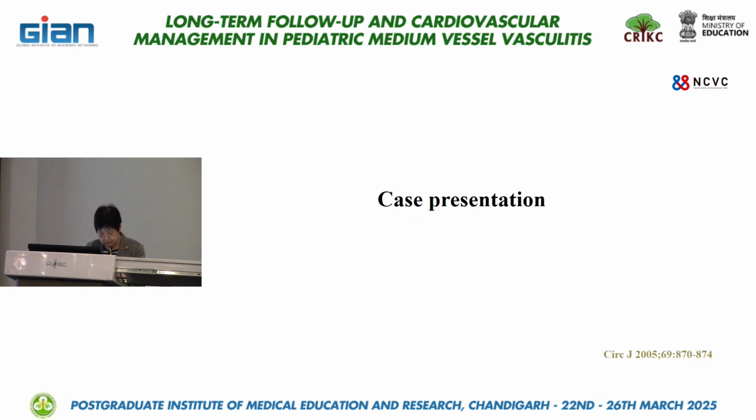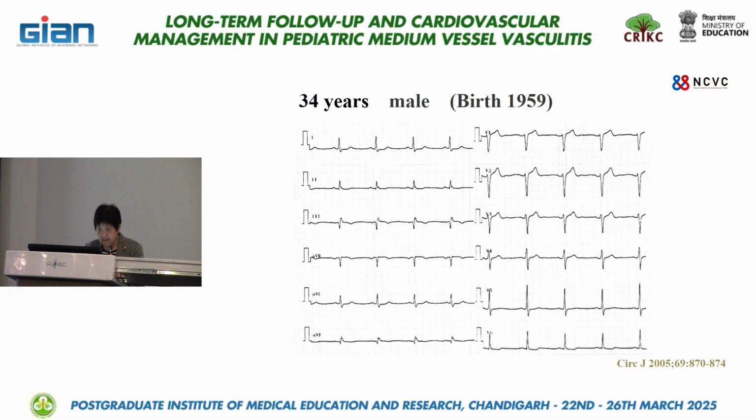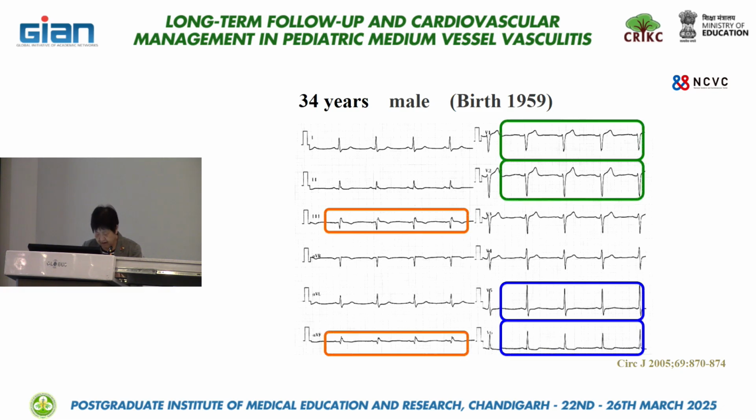Case presentation. Here we see an adult patient in detail. A 34-year-old man visited the hospital because of headache. An electrocardiogram revealed an abnormal Q wave in lead 2, poor R progression in V1 and V2, and flat T waves in V5 and V6.